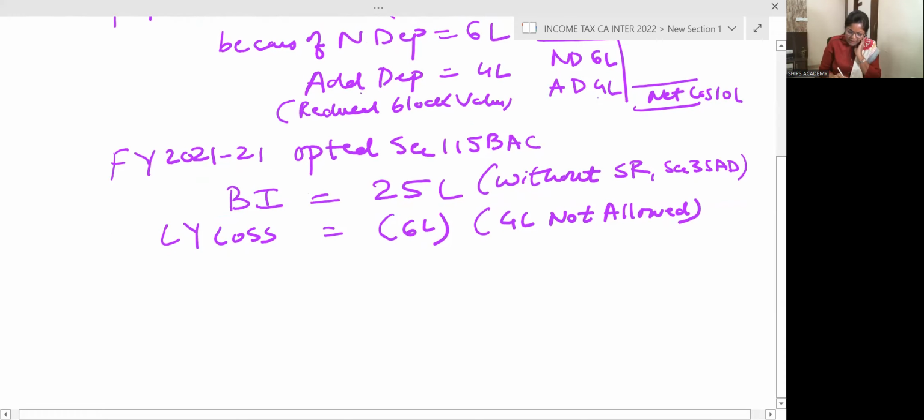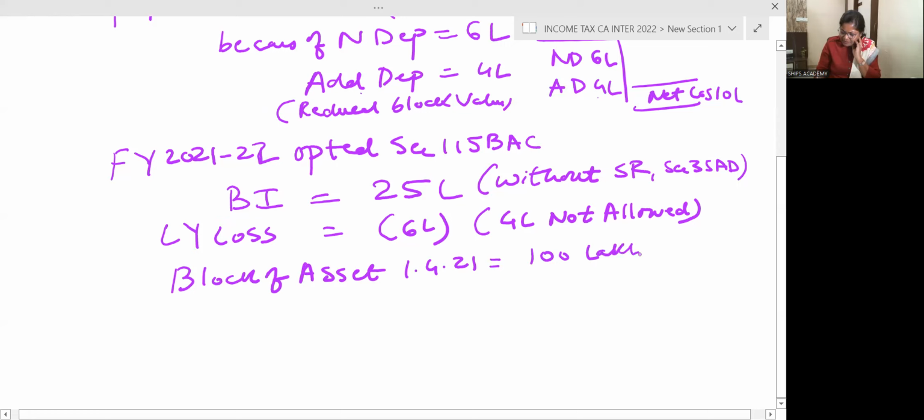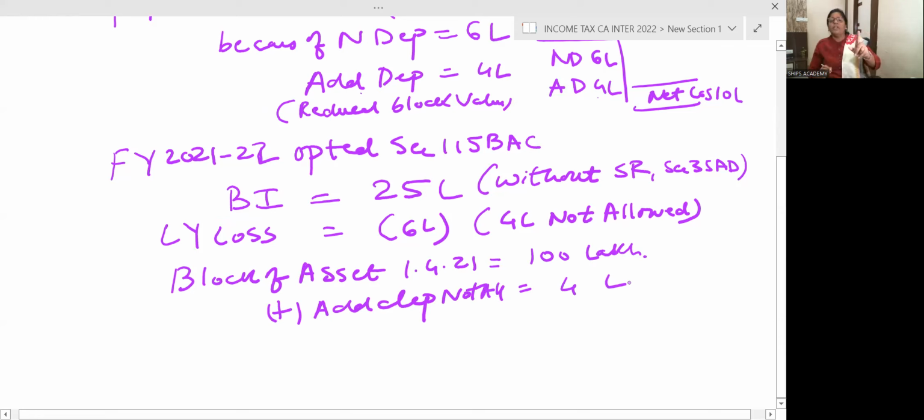Now this year, say the block of assets for 21-22 is say 100 lakhs. Add back additional depreciation. Not allowed. Sorry, boss. Last year you took additional depreciation of 4 lakhs. We allowed it, it was normal.